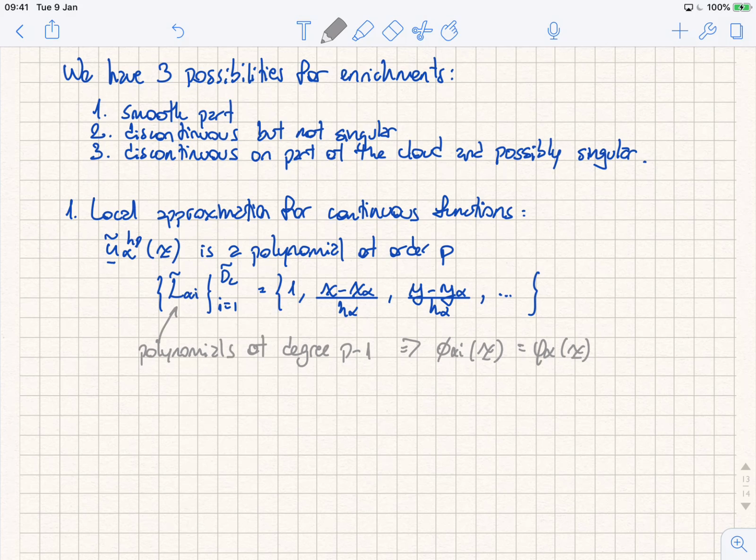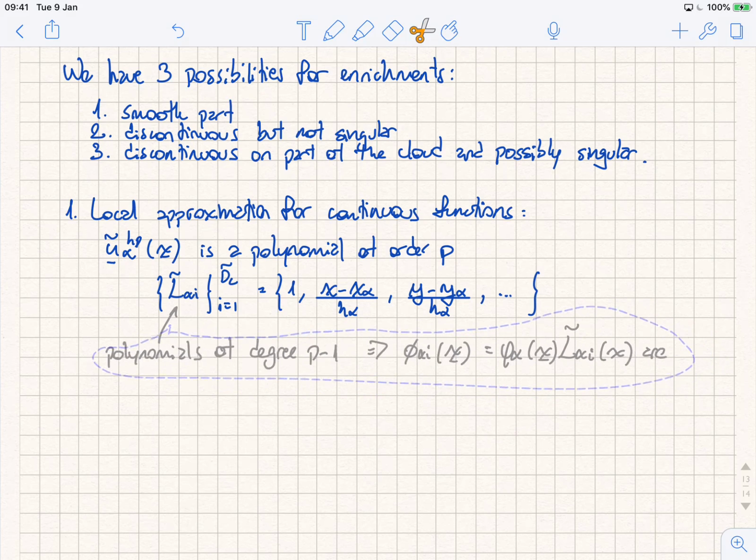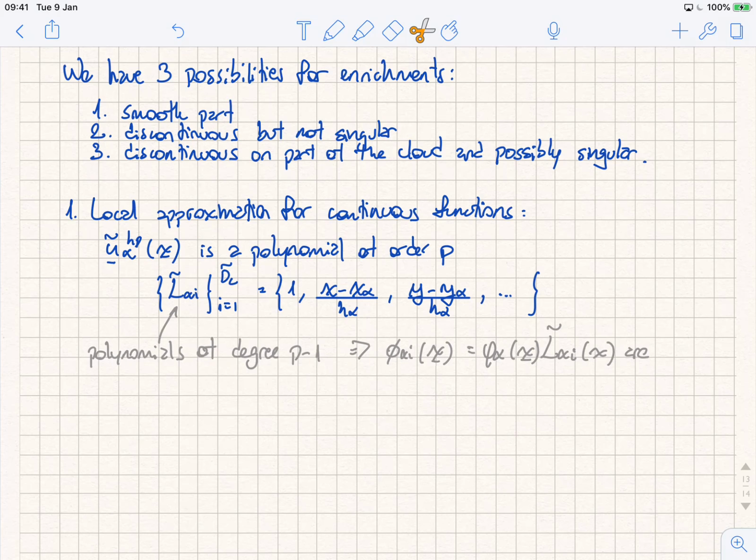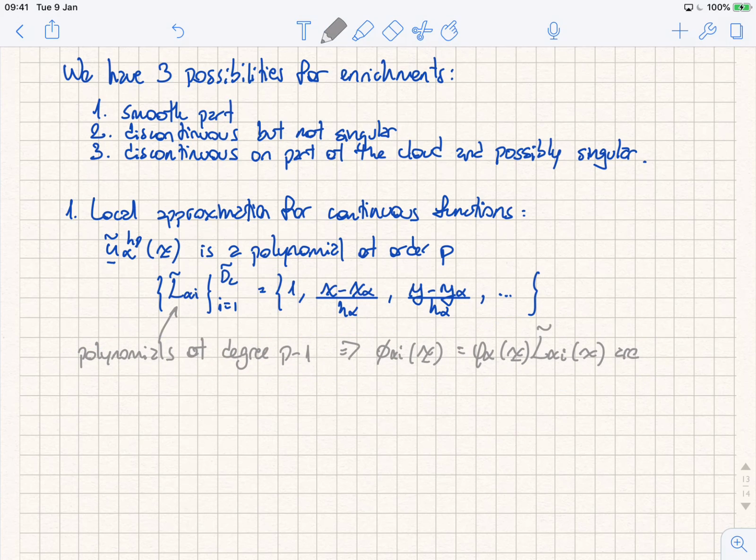Okay? So these have degree p. So I'm going to shift all of this. Okay, so that doesn't change from what we have seen already.